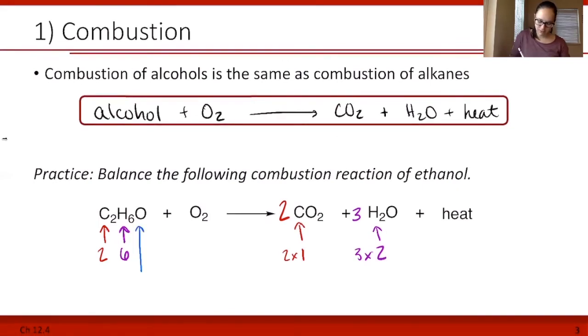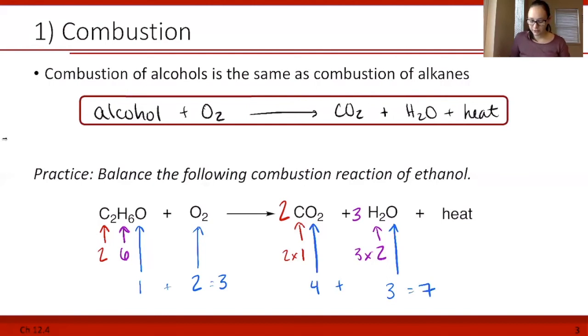We have 1 oxygen here and 2 oxygens here for a total of 3 on the left side. And then over here, we have 2 times 2, so 4, plus 3 equals 7. So how are we going to put our coefficients in here in order to balance this out?